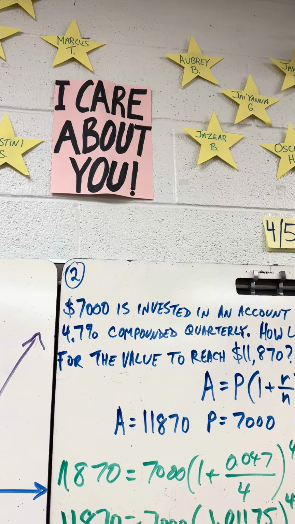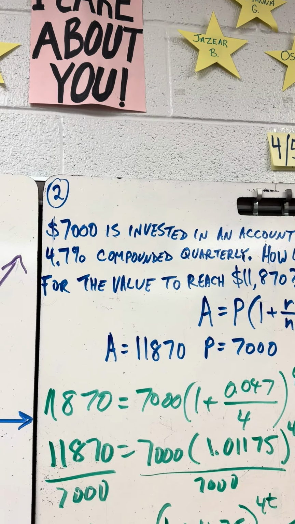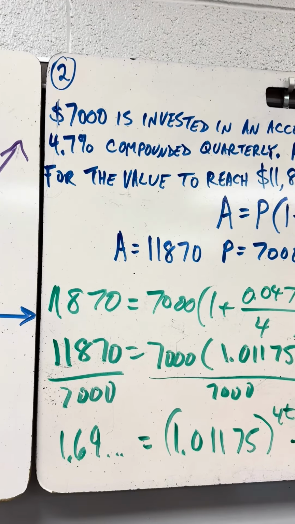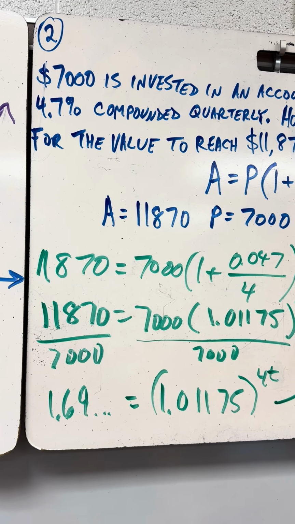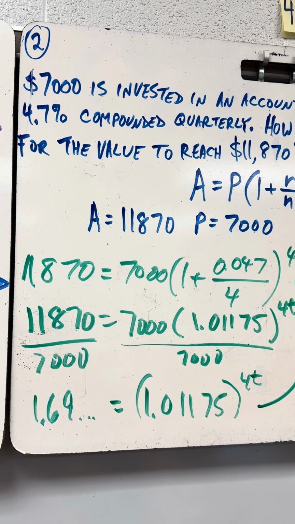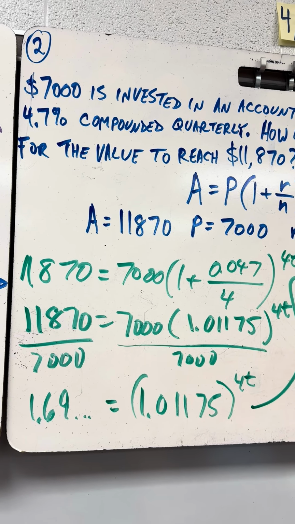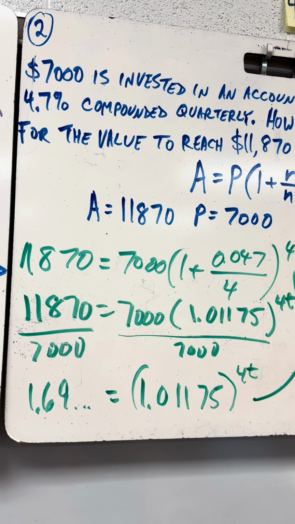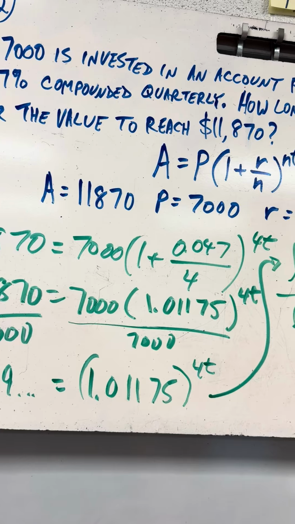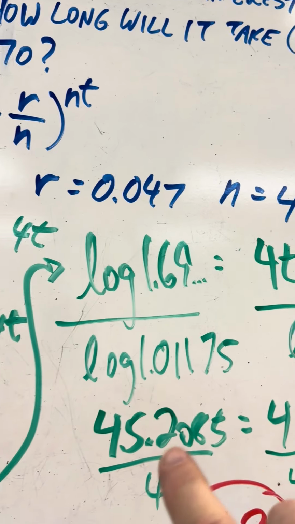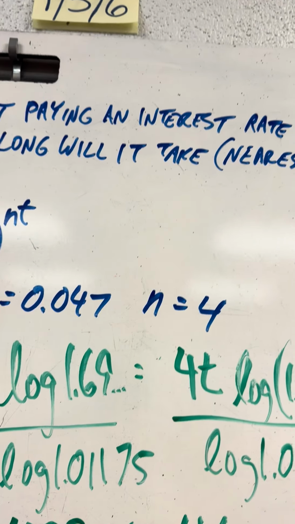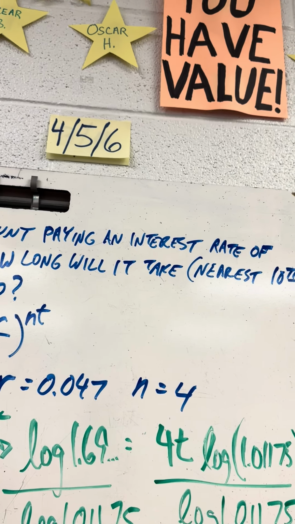I'm going to start by dividing by 7,000. I get a number 1.69, etc., equals 1.01175 to the 4t power. I'm going to log both sides. In logging both sides, this 4t is going to move out in front of the log, okay?